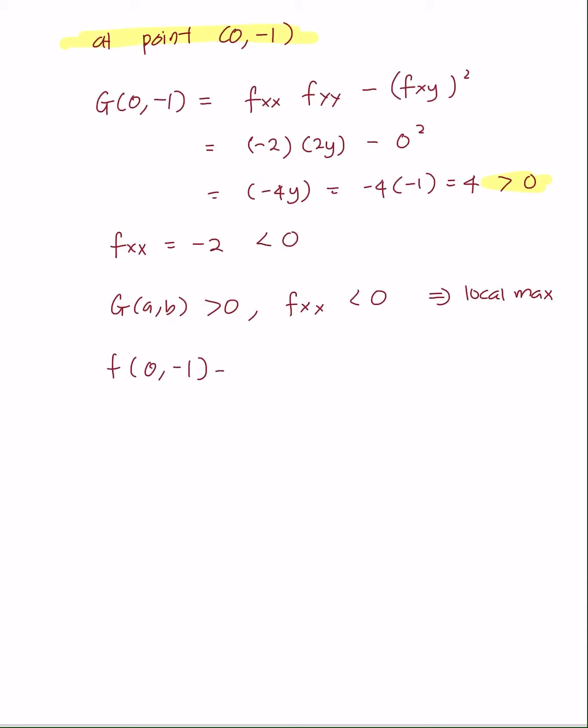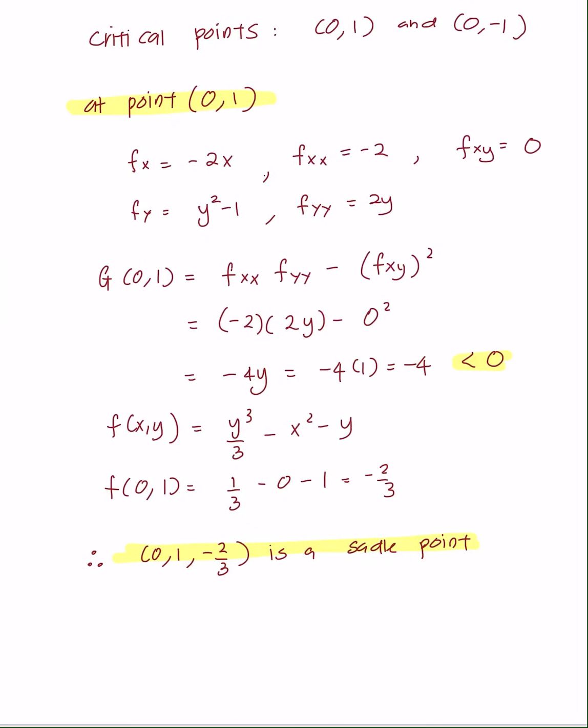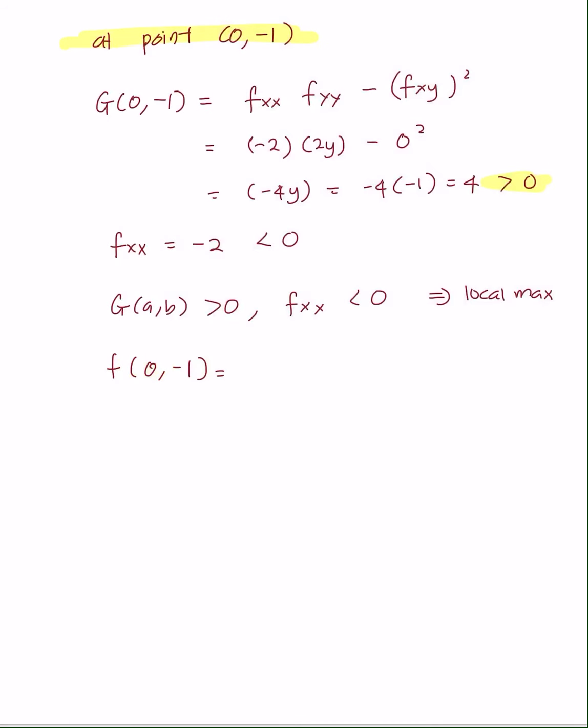It is y cubed over 3 minus x squared y. We substitute and obtain minus 1 cubed over 3 minus 0 minus minus 1, so basically we obtain 2 over 3.